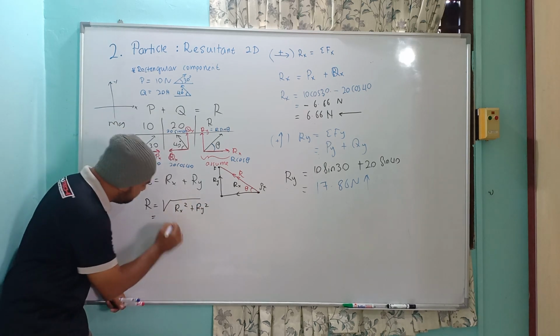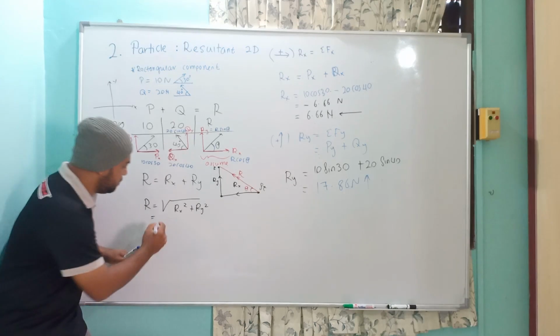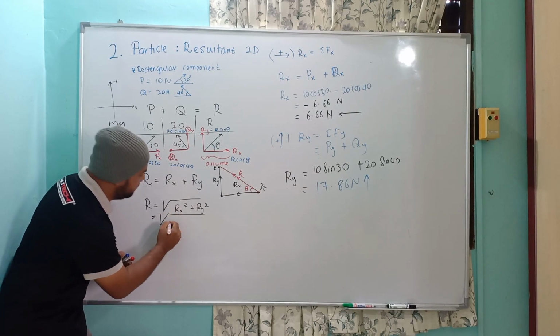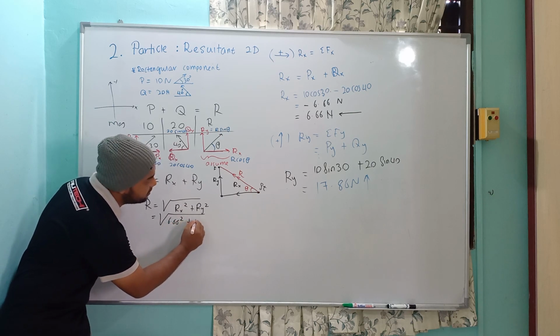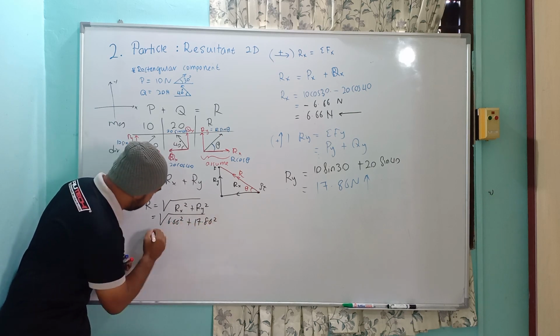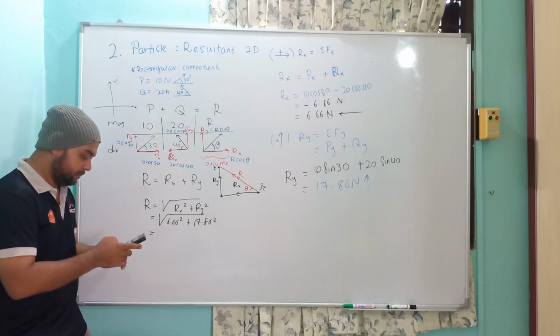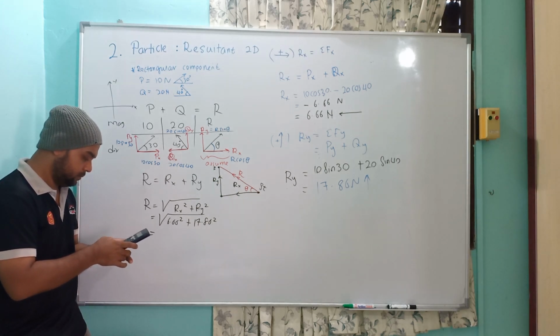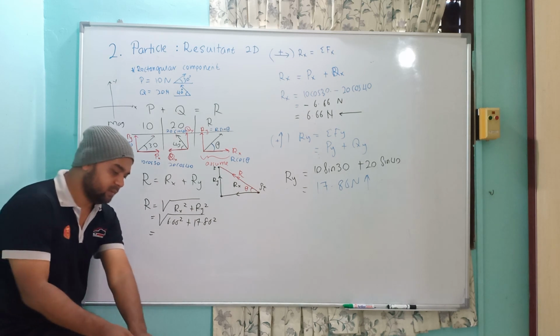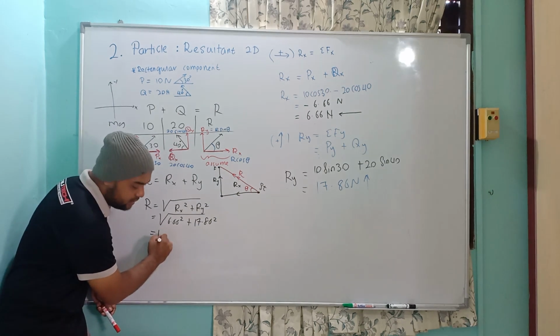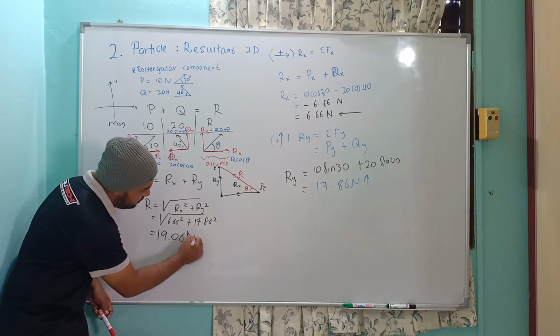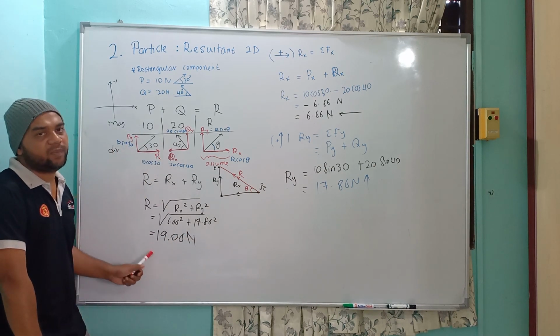So square root of 6.66 squared plus 17.86 squared. So you get the correct answer, same as the previous calculation, 19.06 Newton. Now you have the magnitude.